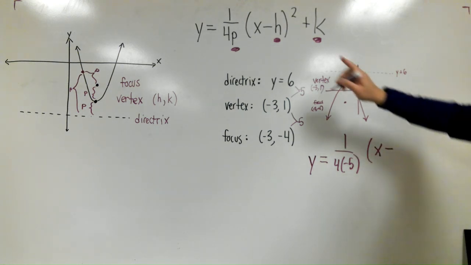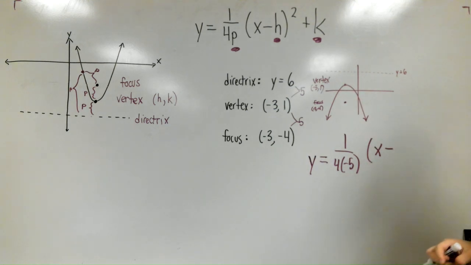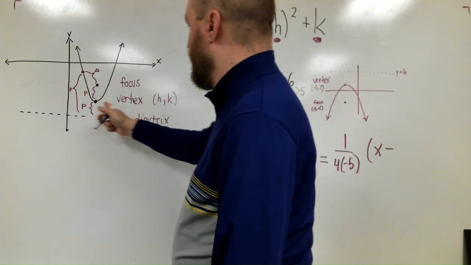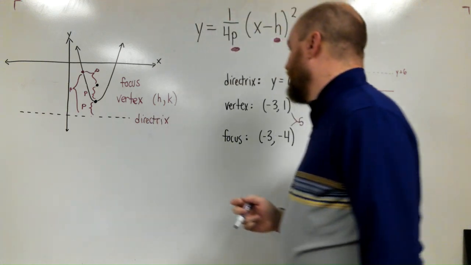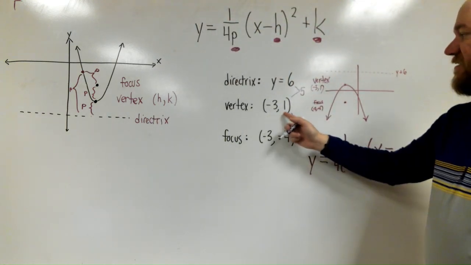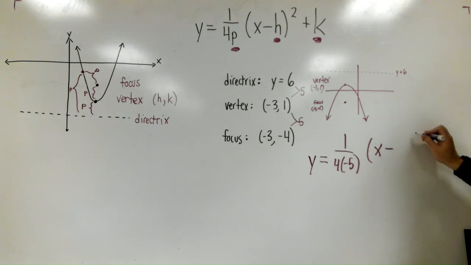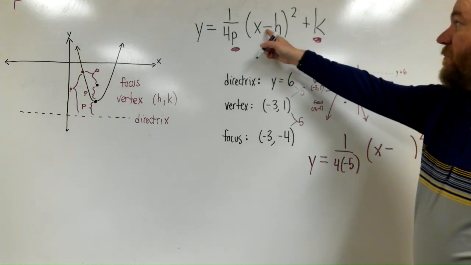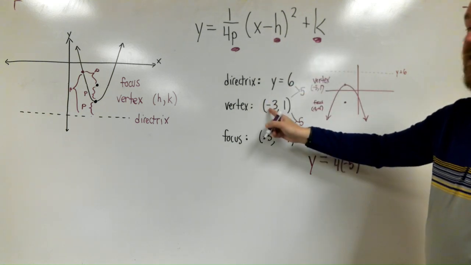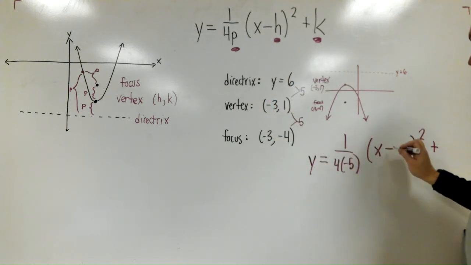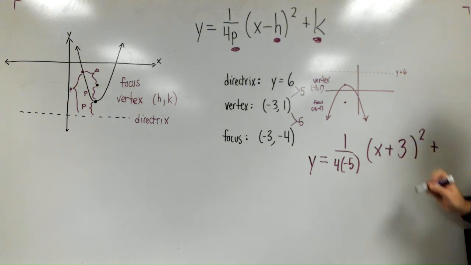X minus. Now H, K are the coordinates of the vertex. So the vertex is right here, H, K. We already determined that. So I just need to take these numbers and plug them in. Now, this should be a minus, but this already is a minus. So that means that we're actually going to make this be a plus.